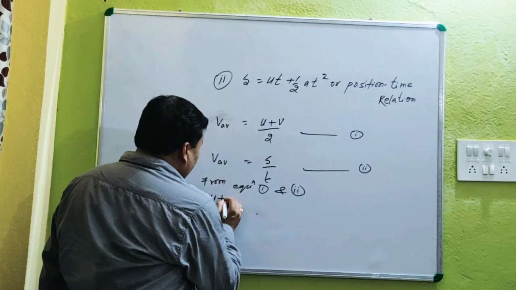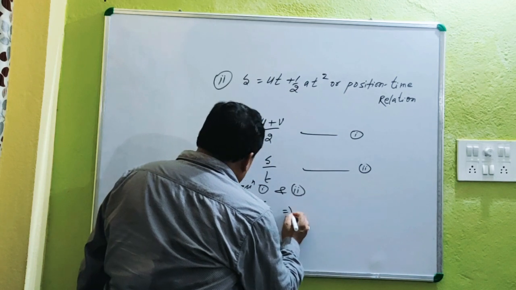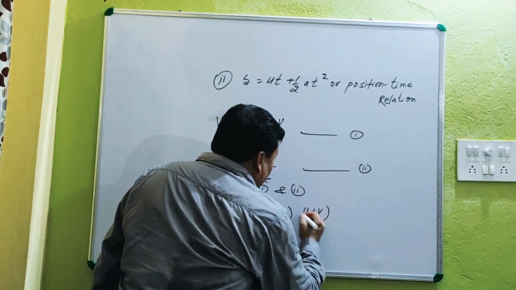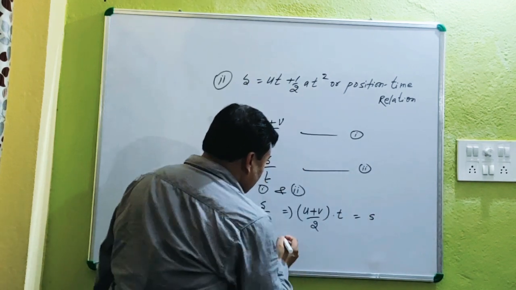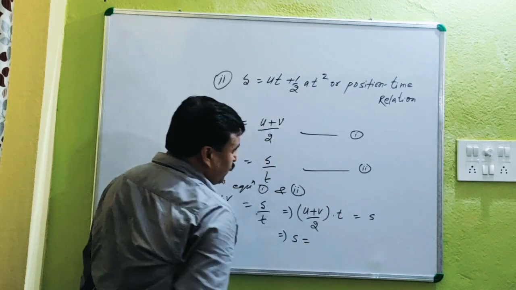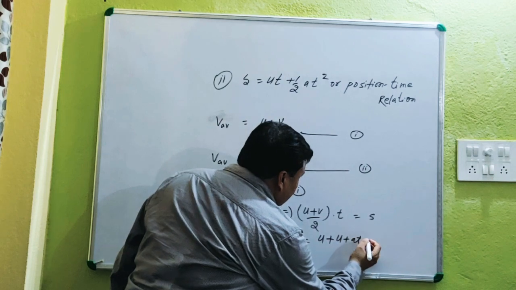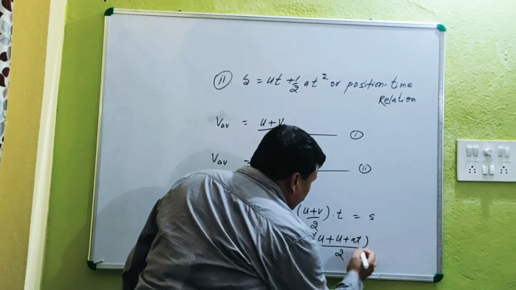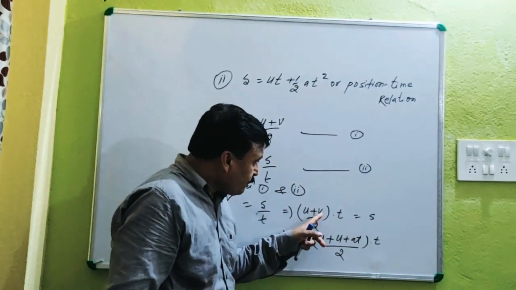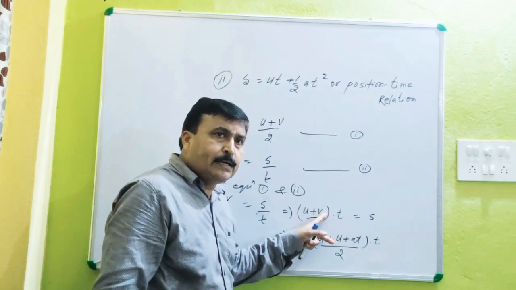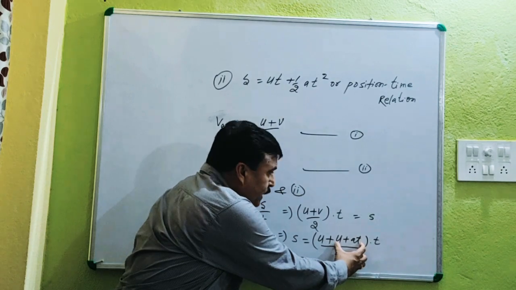So (u plus v) by 2 equal to s by t, or (u plus v) by 2 into t equal to s, or s equal to (u plus at) by 2 into t. From the first equation of motion we have put here the value of v, u plus at.